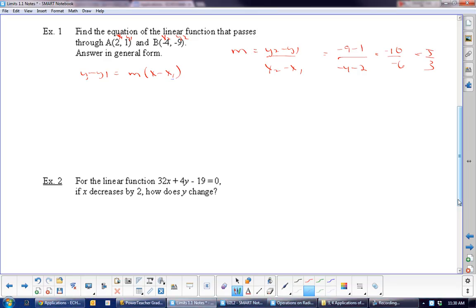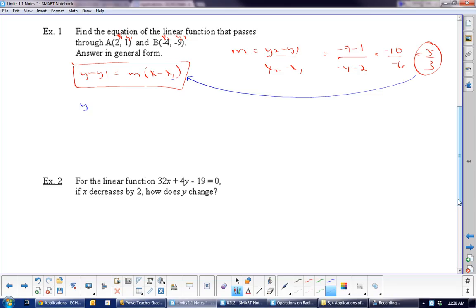So now that I know the slope, I can put it into my slope point form. So I'm going to use 1 point to find my line. All you ever need is 1 point and a slope, and you could find the equation of any line. Okay? So I might as well use point A.